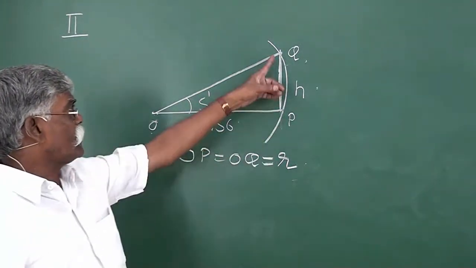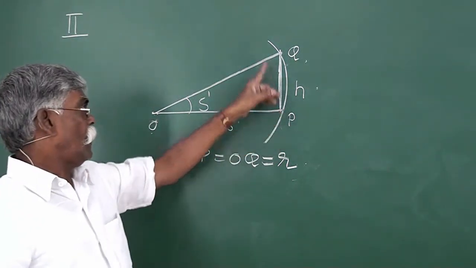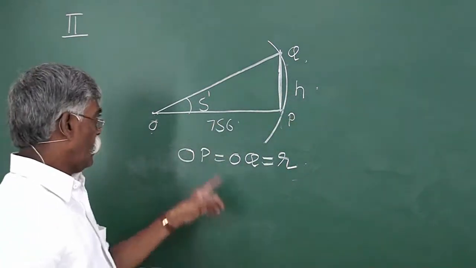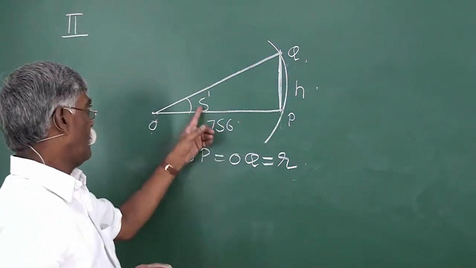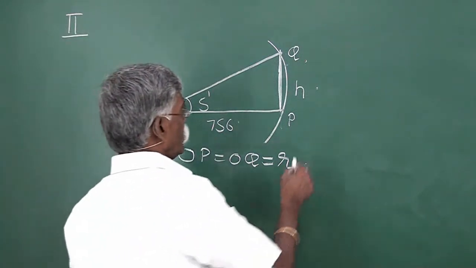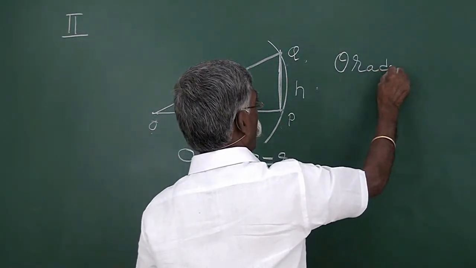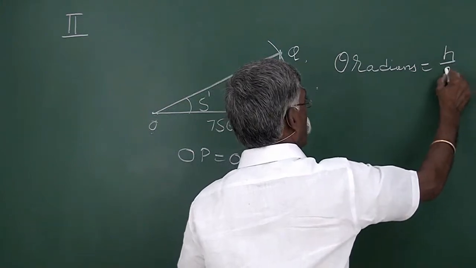So if we consider this to be an arc and the height is h, the length of the arc is h, and the radius is 756, and this is 5 minutes and theta radians is equal to h by r.